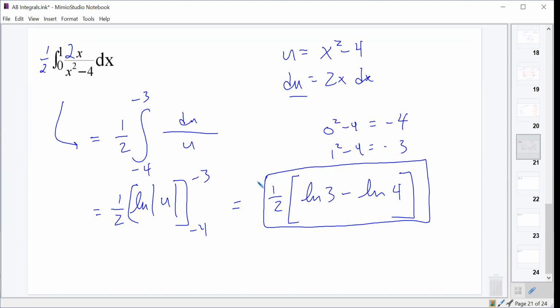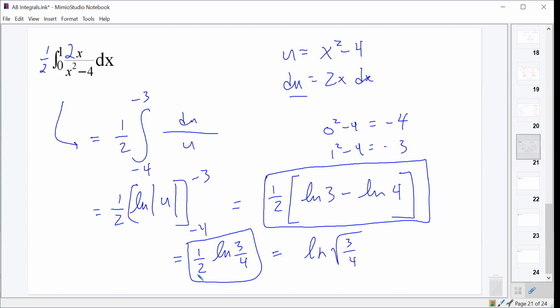Potentially on a multiple choice problem though on the AP test, you might see it written a different way. You might see something like 1/2 of natural log of 3/4, right? That would work too. Using log rules, natural log of 3 minus natural log of 4 is natural log of 3/4. Or you might see something like natural log of the square root of 3/4, right?